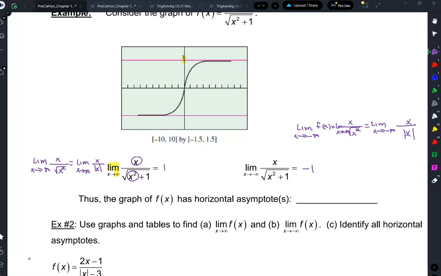Now, for negative values of x, what would that expression equal? -1. This is always positive. So let's say for -5, this would be -5 over 5, -1.